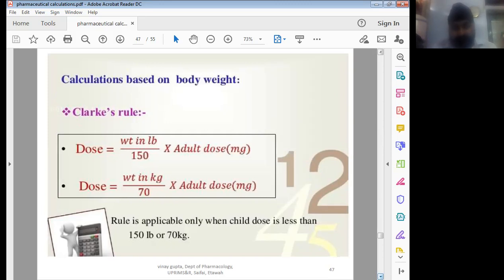This will give us the dose required for the child. Generally, this rule is applicable for a small child having weight in standard terms.